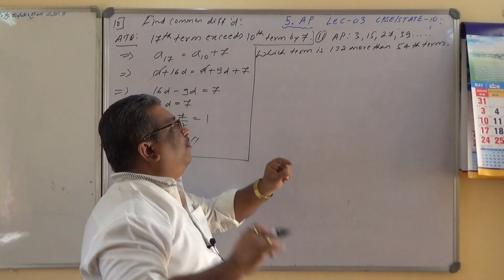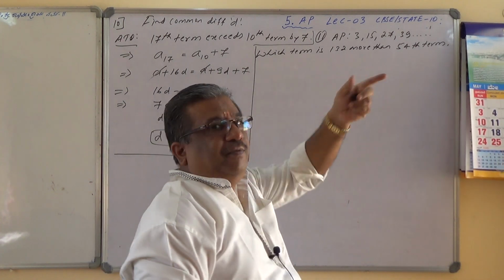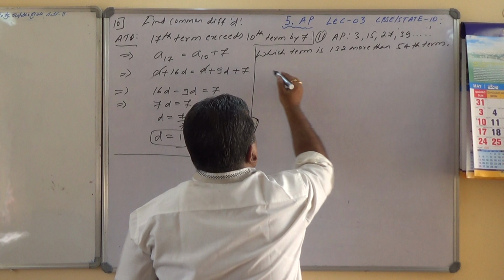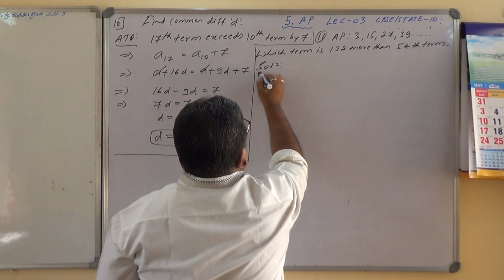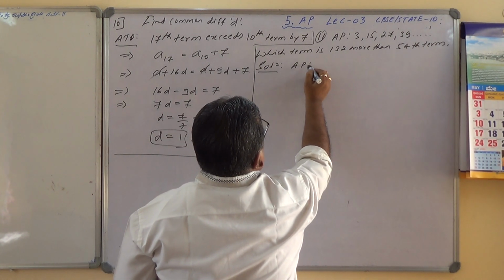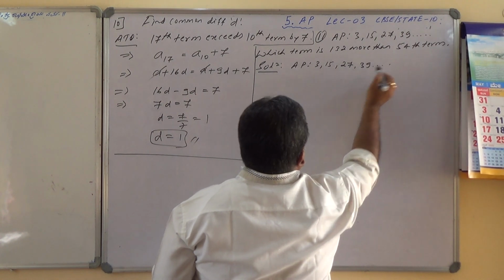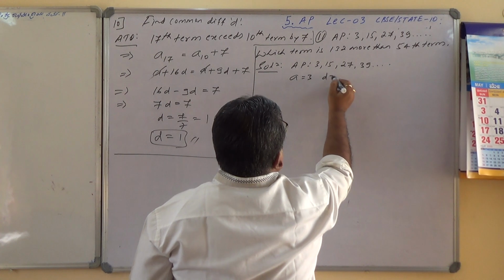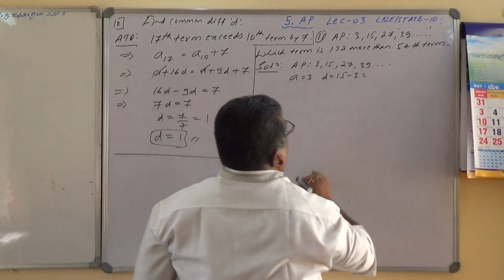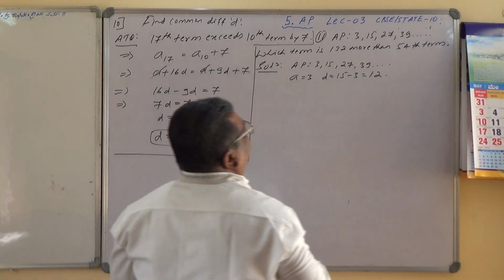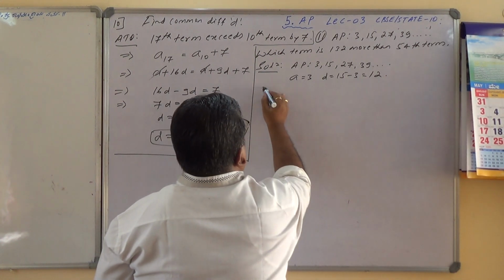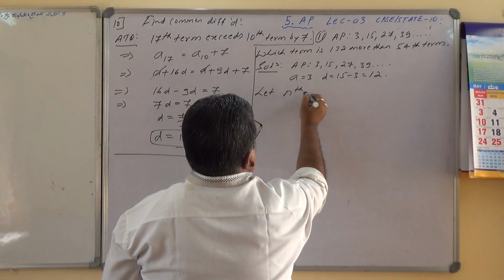Let nth term be 132 more than 54th term. So first let me write here solution, A and D. AP is given to you is 3, 15, 27, 39, dot. A equals 3, D equals 15 minus 3, which is equal to 12. Correct?